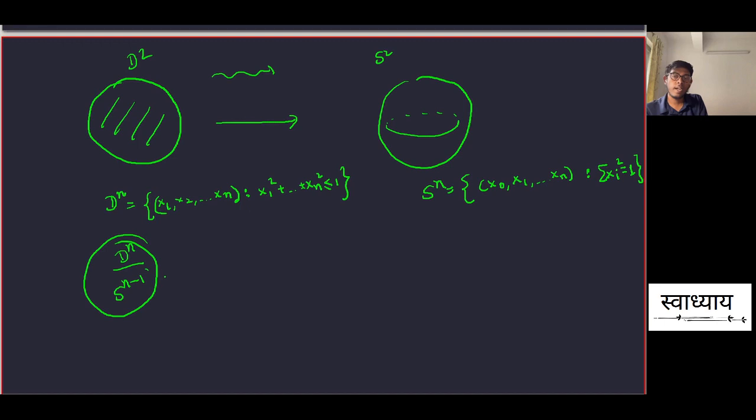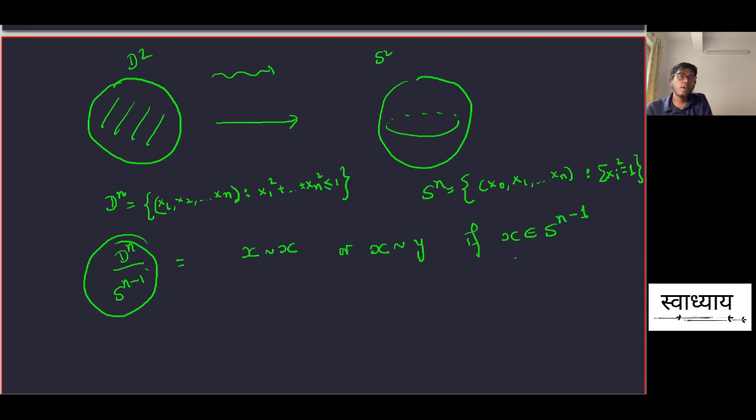This means that x is related to x, and x is related to y if x is on S^(n-1), and y, let's fix, is some point on the disk.